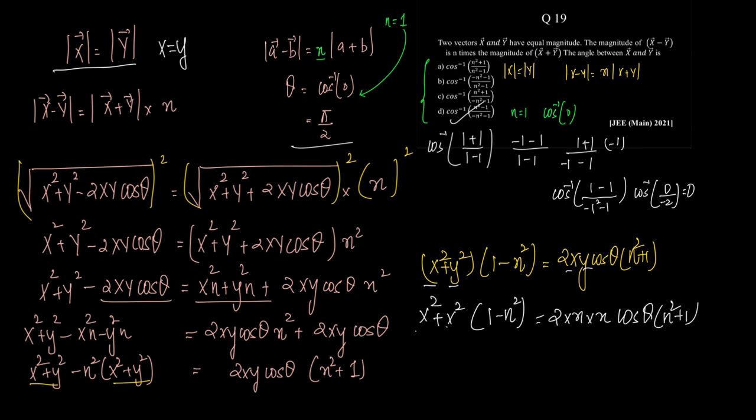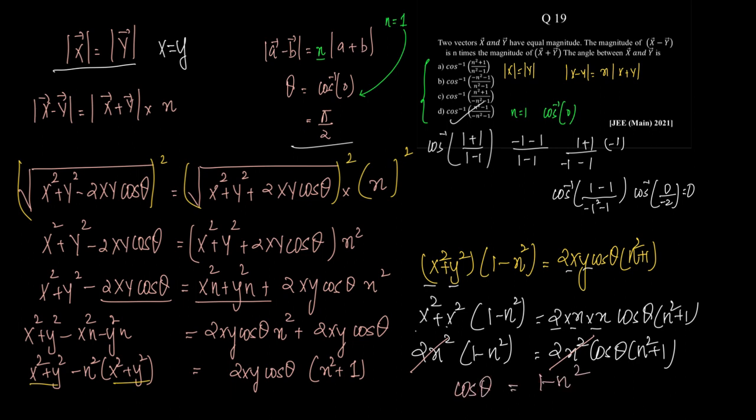X square plus x square is 2x square, and x into x into 2 is 2x square. So we have 2x square into 1 minus n square is equal to 2x square cos theta into n square plus 1, and 2x square by 2x square is 1. So what we get is cos theta is equal to 1 minus n square by n square plus 1.